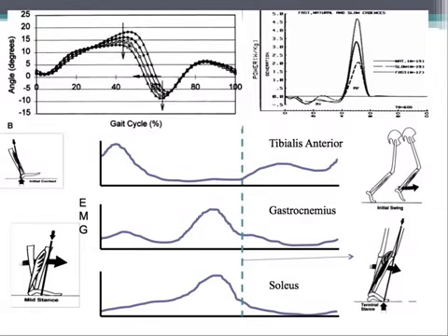And then as we transition to pre-swing and we see this rapid plantar flexion, that corresponds to this large power generation from the ankle that's so important for modulating speed. It primarily comes from the combination of the soleus and the gastroc muscle, but the gastroc muscle at this point is much more important.